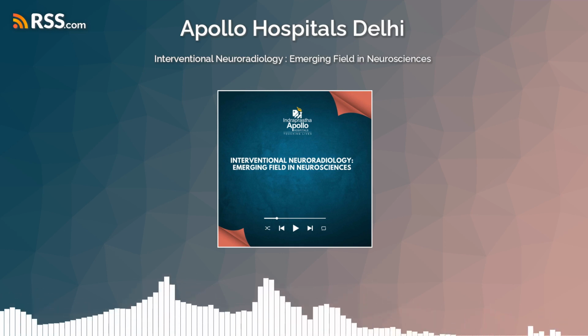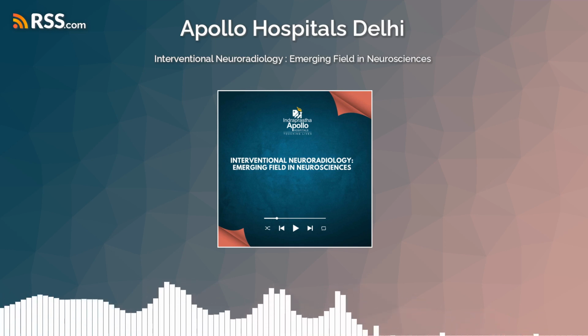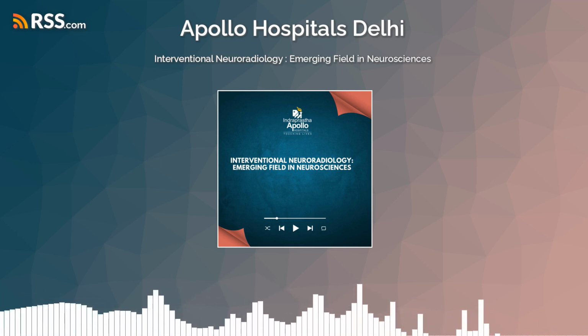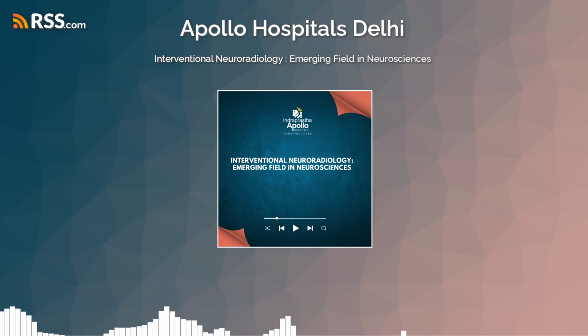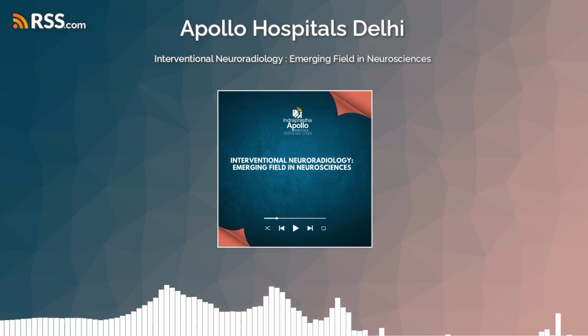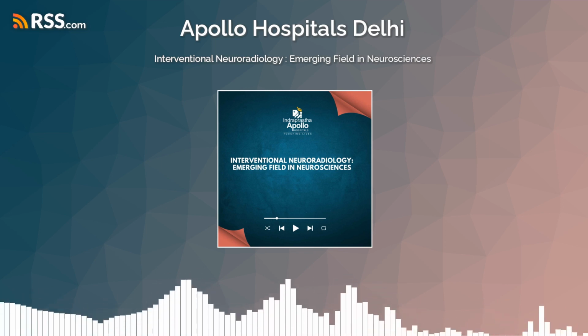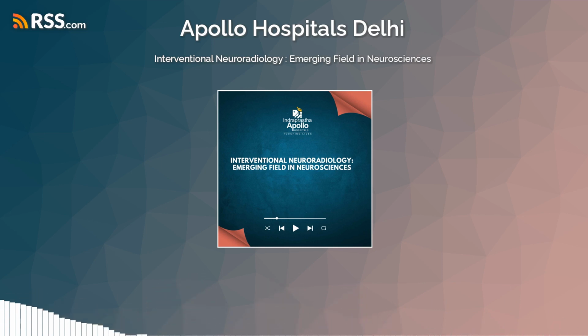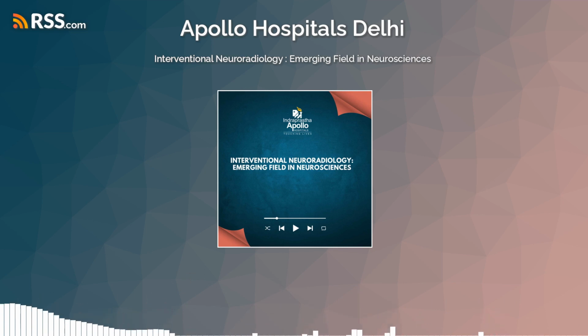So we have started placing stents within the brain for plaque deposition within the brain. We have started placing stents in the sinuses of the brain to relieve the high pressure in the brain. We have started developing new techniques where we can tackle aggressive brain tumors in conjunction with the neurosurgeons to provide optimum treatment and relatively lower recurrence rates.